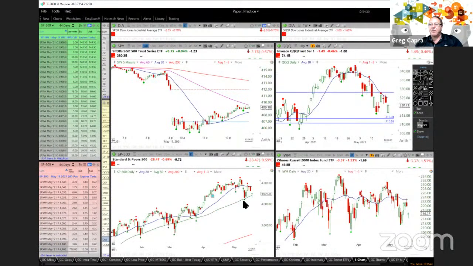I knew the 50 MA was down there, and this 4,000 big whole number with big open interest. The idea, and it's on YouTube, the recording is there, and there was pretty good juice because of the way things had moved yesterday into the close. Down below 4,000 was what I would call the no-brainer.